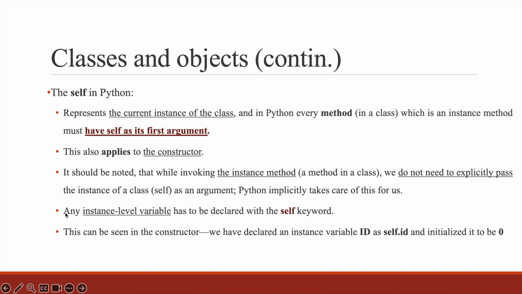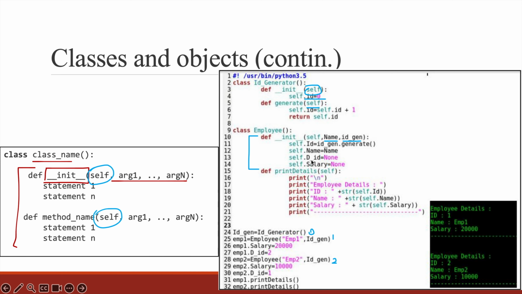Okay, so any self-level variable has to be declared with the self keyword. We always have to start with self dot and then the name of the instance variable. We can't just use it directly. We can't just type D, capital letter D underscore ID, name, ID, salary. We have to start it with self. Self, the word in itself, can be any word. It doesn't have to be self as a keyword, but it's almost considered a keyword.